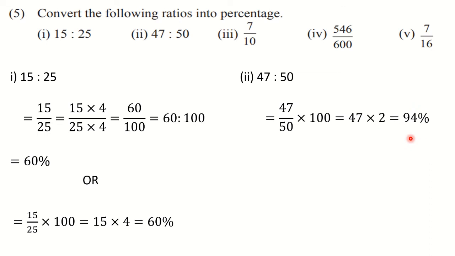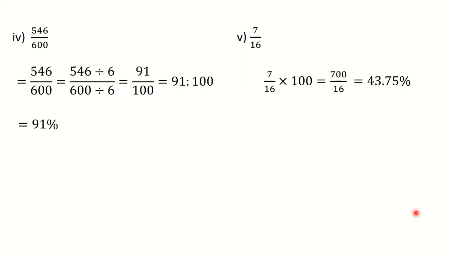Then next, 7 upon 10, which we can write as 7 upon 10 into 100. 10 10s are 100. So 7 into 10, answer is 70%. Very easy to find.